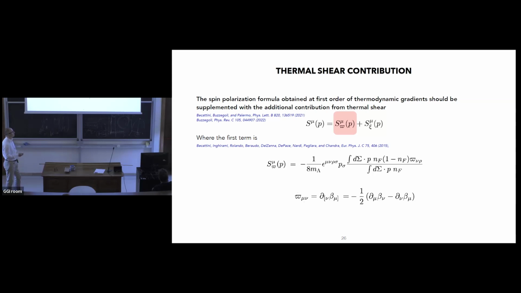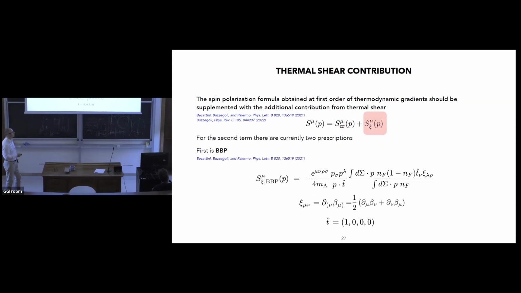This part in red is the already known part, which was related to the thermal vorticity, and the other part is related to a symmetric combination of the gradients.